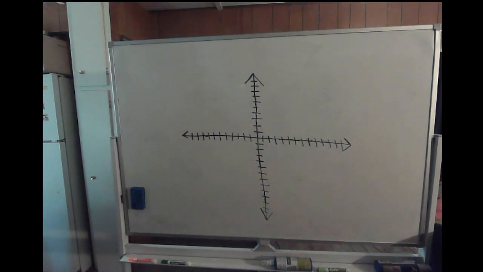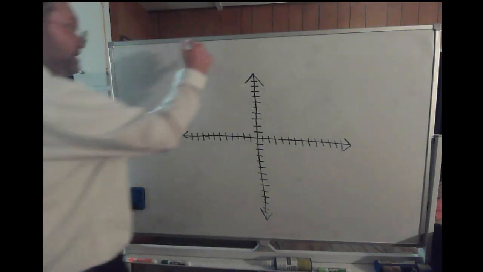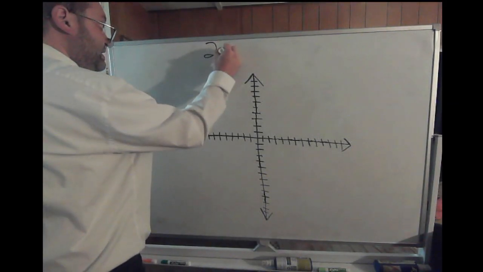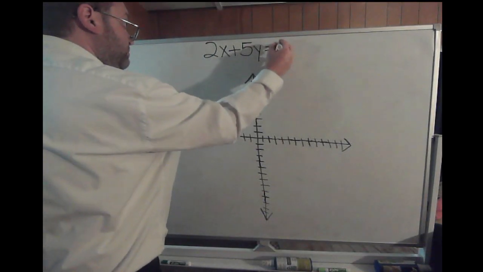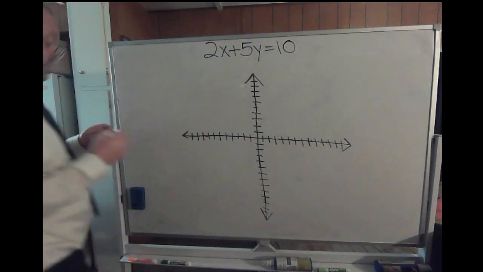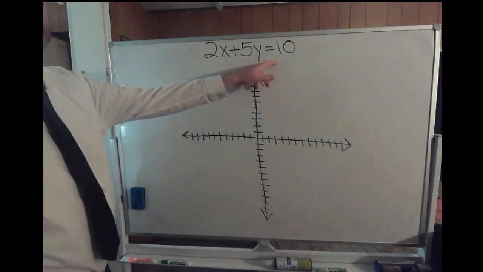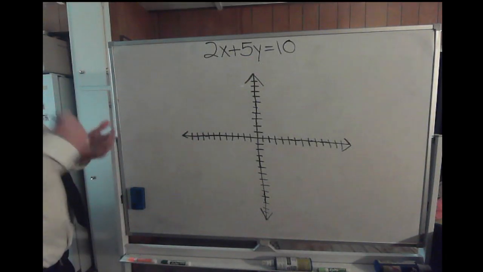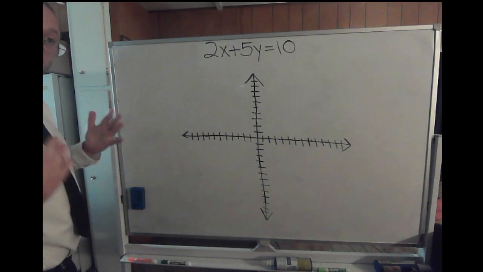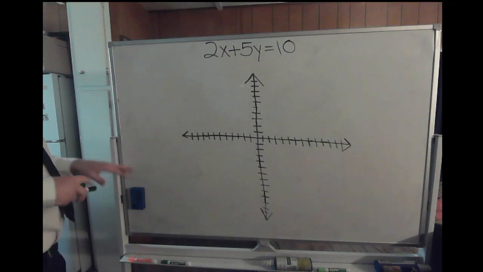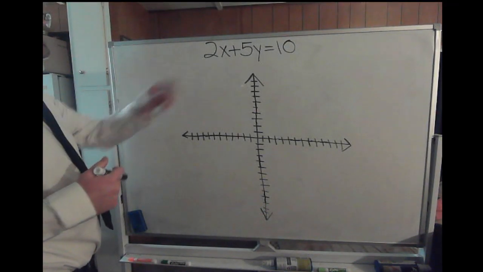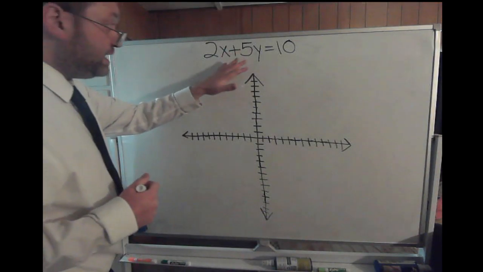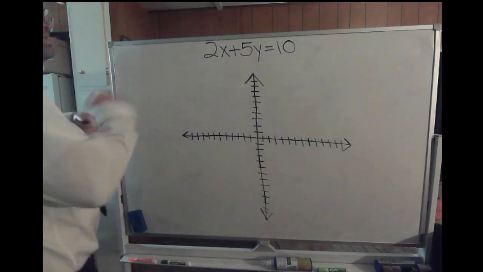Okay, we're down to 5 more. Okay. 2x plus 5y equals 10. So we got 2x plus 5y equals 10. Well, the equation's in standard form, so we have that going for us. Now let's start out finding the x-intercept, which means we want to solve for x, so we got to set y equal to 0.